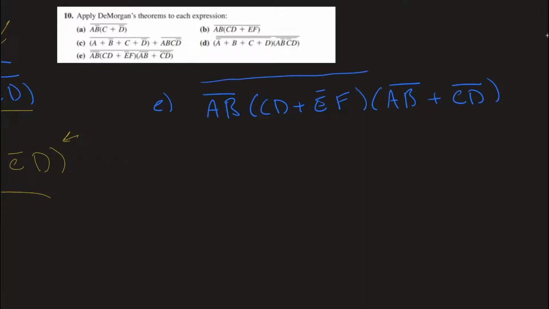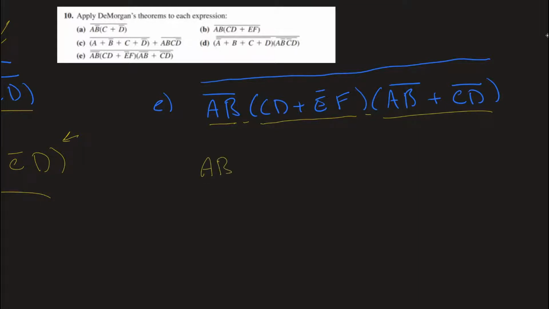And then the whole thing had a bar over it. So again, we're going to take it step by step. I see that first bar over these two things. I see it over the AND, I see it over this big thing. I see it over the AND and I see it over this big thing. And so I'm going to break it down just like that.